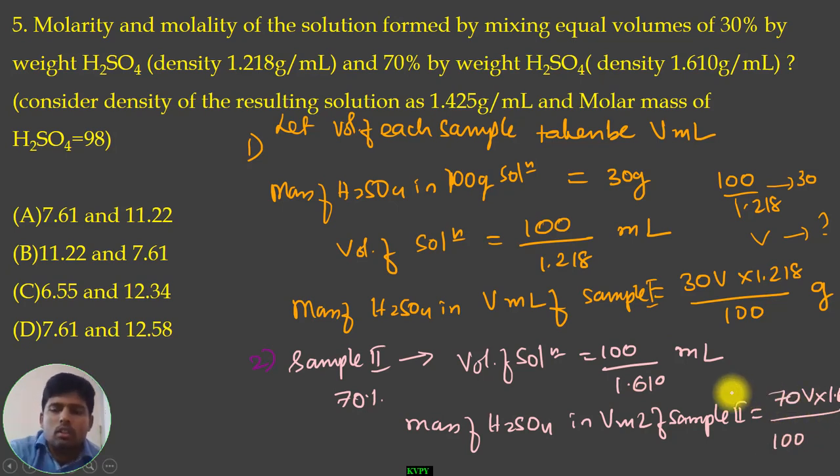So we have got two values now: mass of H₂SO4 from sample 1 and mass of H₂SO4 from sample 2.